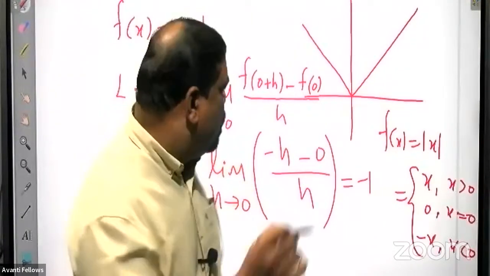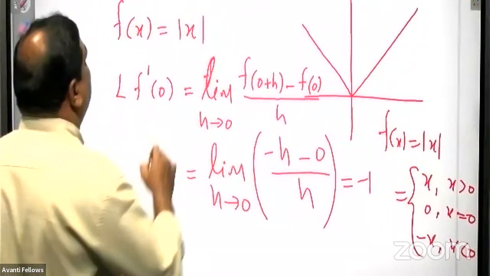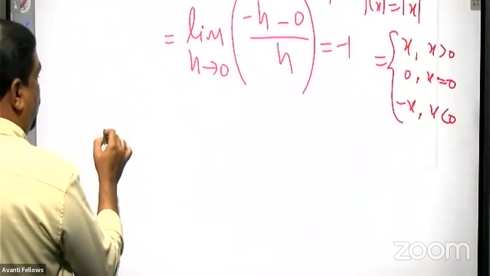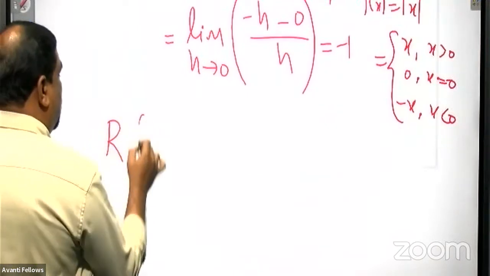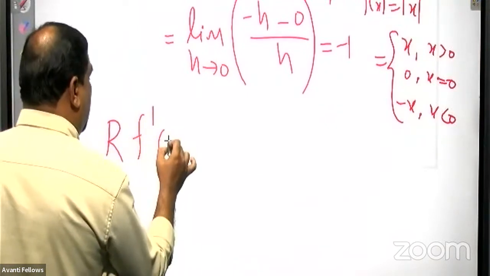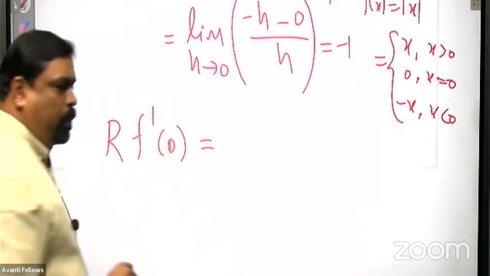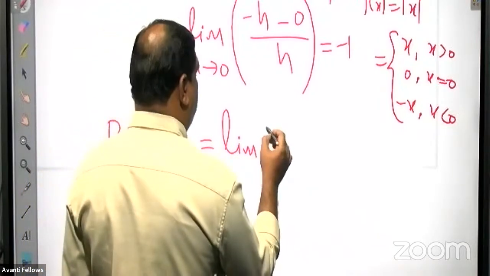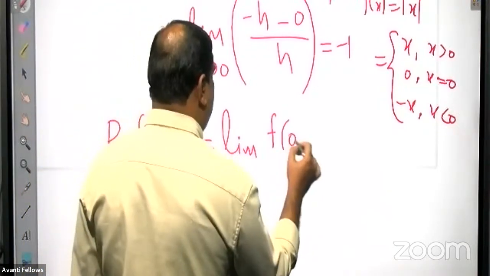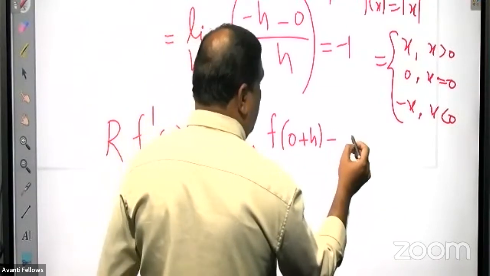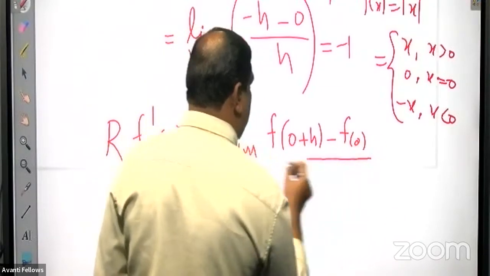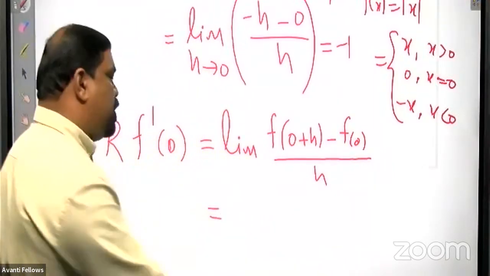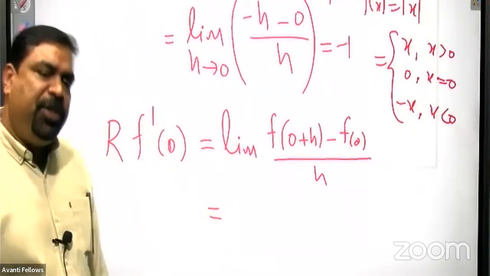Clear? Now we will see the right-hand derivative. What is the right-hand derivative at the point 0? So I write Rf dash 0. Right-hand derivative, by definition, limit of f of 0 plus h minus f of 0 divided by h.